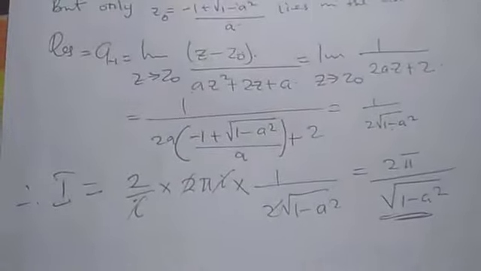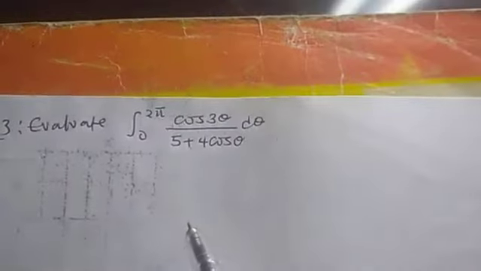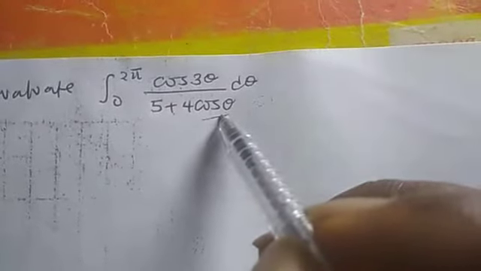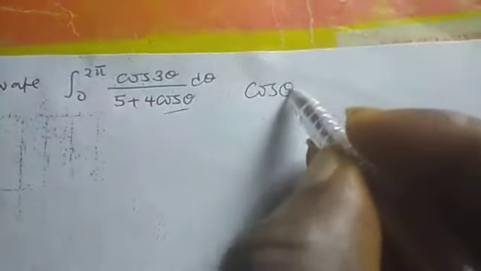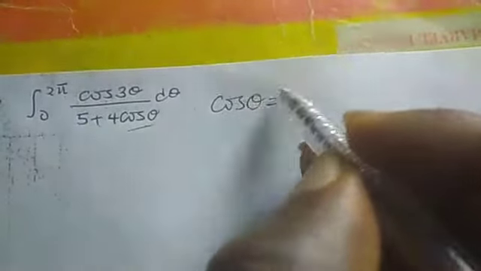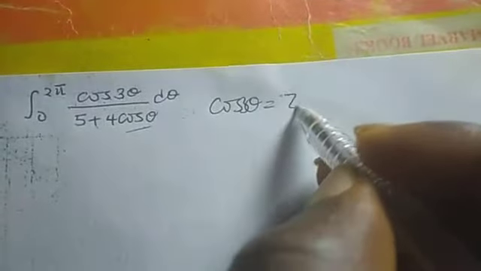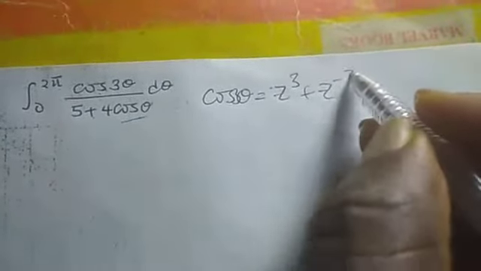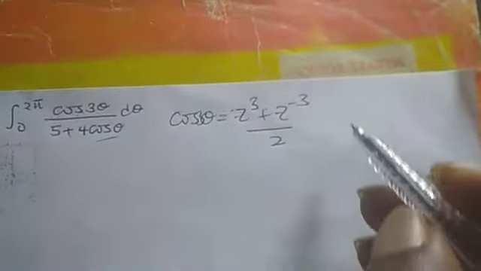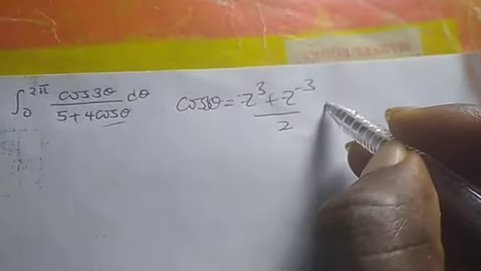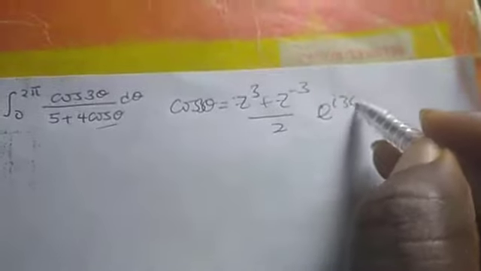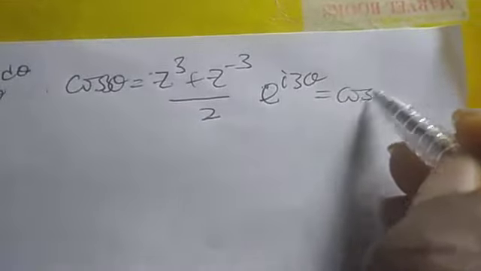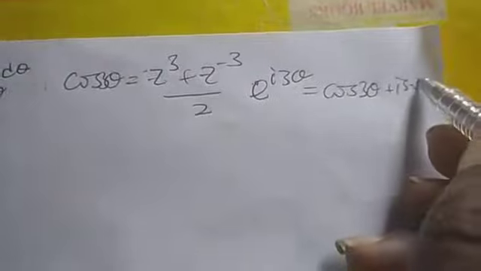So let's take Example 3. We want to evaluate this. Here, we are only given ordinary cos, but this is cos 3 theta. For cos 3 theta, we can do it like this. You know, there's 3 there. That will be z cubed plus z to the minus 3 over 2. But for an easier one, we know that exponential I 3 theta is the same thing as cos 3 theta plus I sin 3 theta.